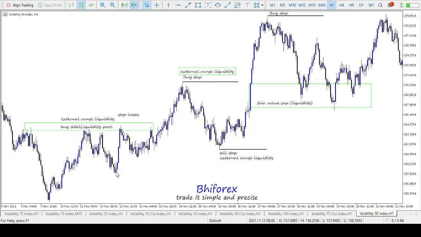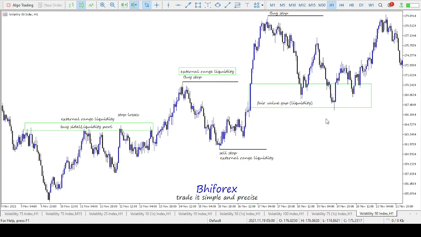So for instance, this low, and then price makes it back here and tries to come down. If they do not clean out all this low by breaking market structure, such as even closing below this, then do not look for any selling opportunity. Because if they don't break market structure and they are forming equal highs, they would definitely go and take the stop losses, because that is exactly what they are trying to do.